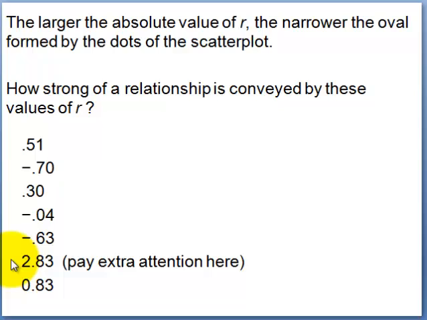This must be a typo or a miscalculation or something similar. So your best answer on the test would be there is no such thing as a correlation of 2.83. And finally, here is a very strong positive correlation, a correlation of 0.83.